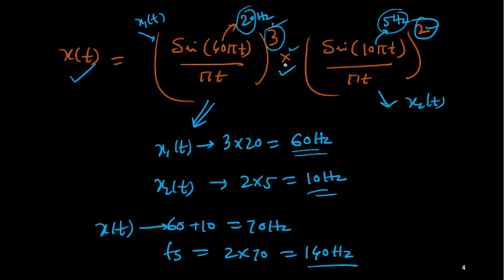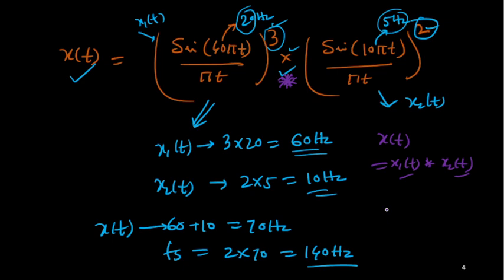But be careful, if it is a convolution, we just need to take the maximum of these two. Instead of this one, suppose I take a different color, this is a convolution between these two. Means x(t) equals x1(t) convolved with x2(t). Then I'll take the maximum frequency of these two, because in the spectral domain it's a multiplication.